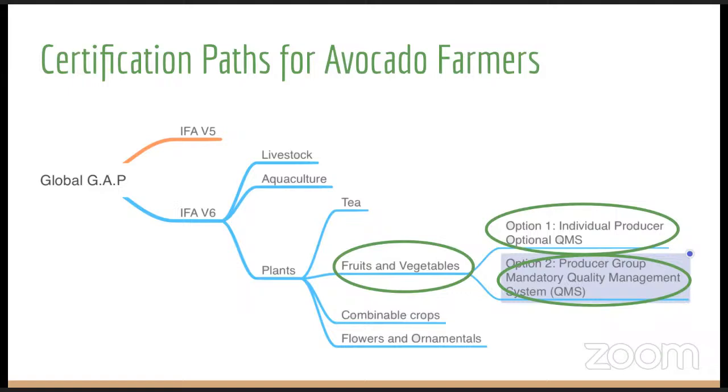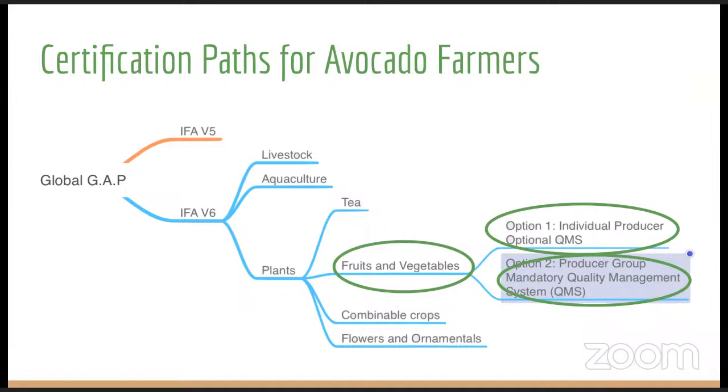If you've got the path, you will navigate that. So what I've done here is just to give us the path, starting from Global Gap, what's in play, and bring it right down to what does it mean for me? What are the options? What are the paths available?